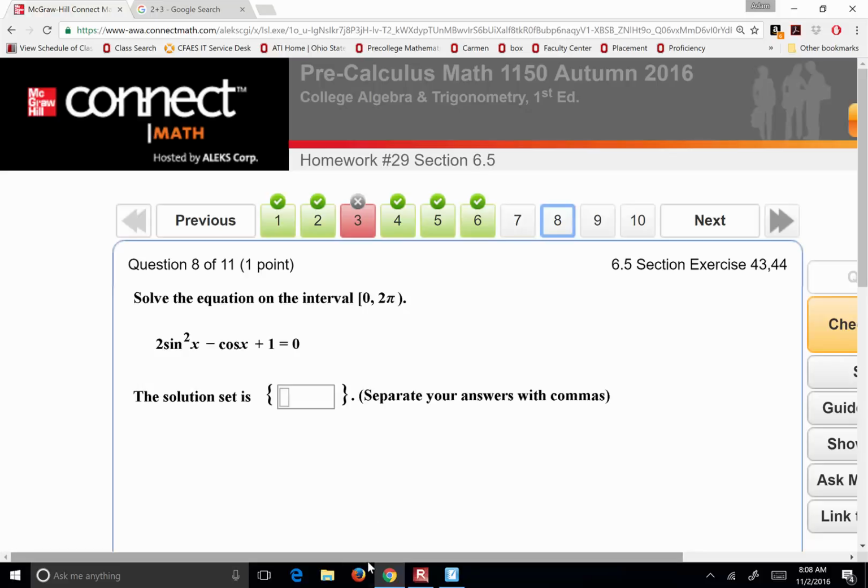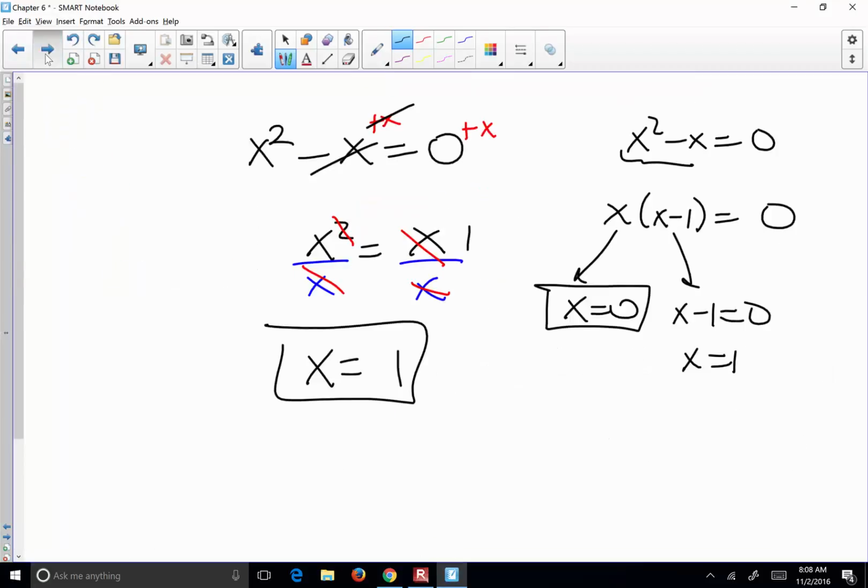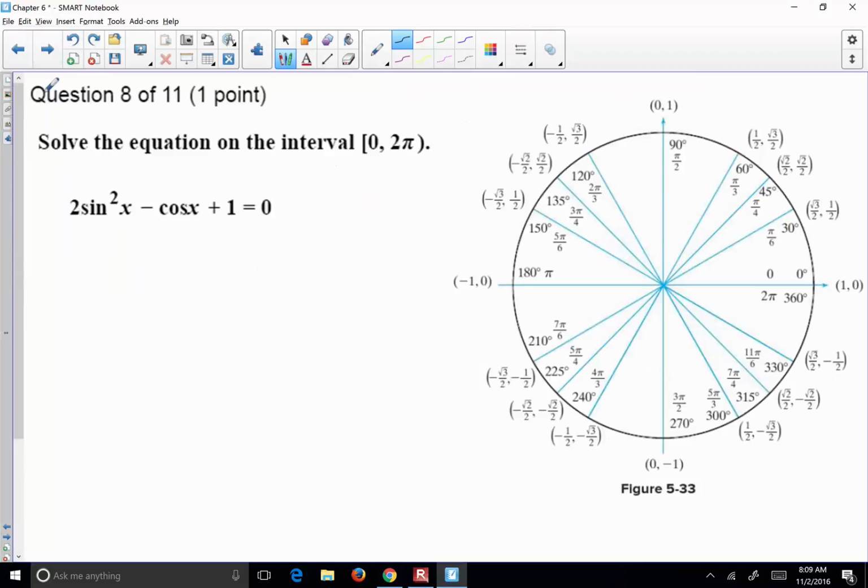How about this question? Alright, if there are multiple trig functions, sine and cosine, different trig functions, it's a good idea to try to factor them, if possible. Can you factor anything here?